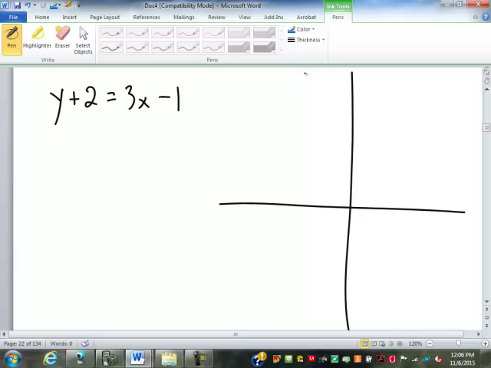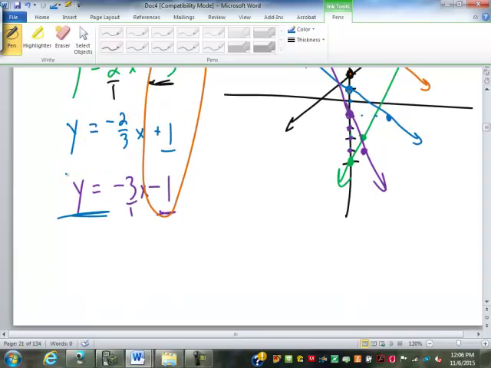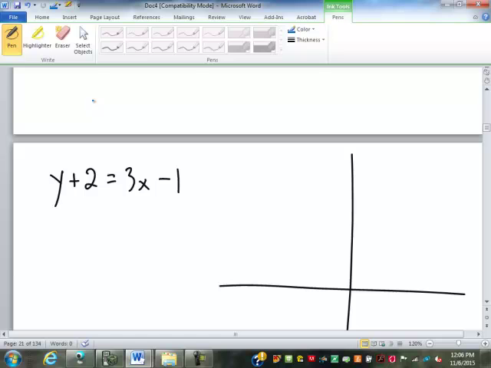Well, all of the equations we've looked at so far have been of the form y equals something. Y equals negative 3x minus 1. Y equals negative 2/3 x plus 1. This is y plus 2 equals. We have to have it in that form, y equals. So we have to get rid of the plus 2 by subtracting 2. So we subtract 2 and it is gone.